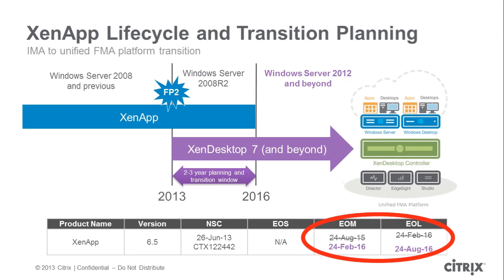So this is just a quick graph covering some of that transition planning that I spoke of. We have XenApp 6.5 Feature Pack 2 throughout the lifecycle of 2008 R2, and then that overlaps XenDesktop 7 support and brings you across. The big benefit on the XenDesktop 7 platform is that we have a controller that is separate from the workload servers.